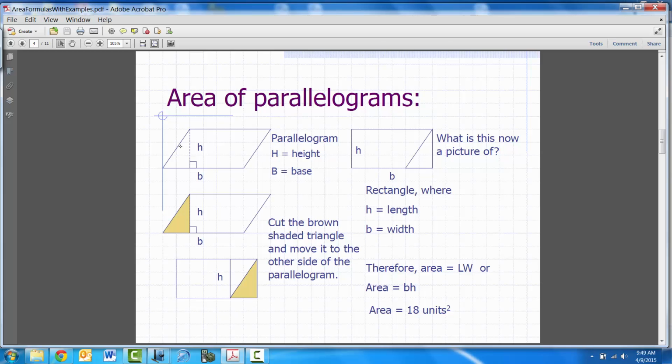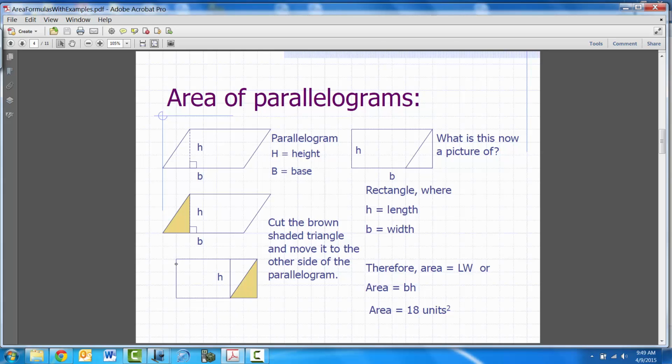Here's a parallelogram. It's not quite a rectangle, it's slanted, but what we know is these two sides are parallel and these two sides are parallel. Let's just do something. Let's cut off this right triangle, and then fly this triangle over to this side.